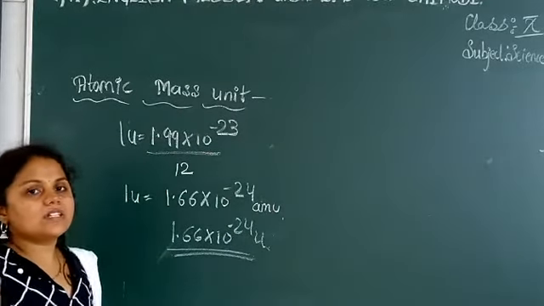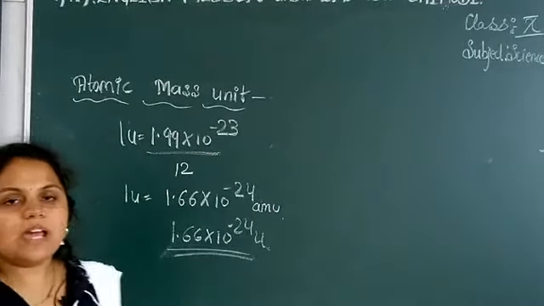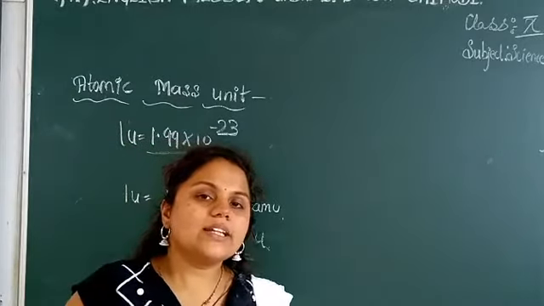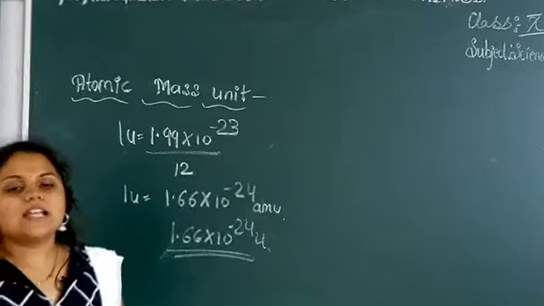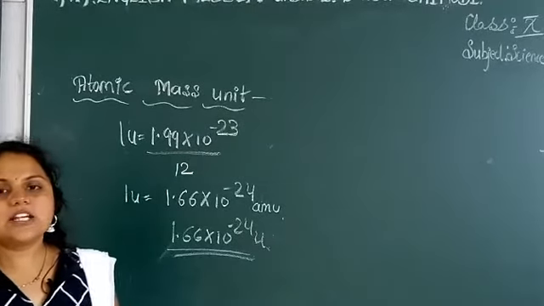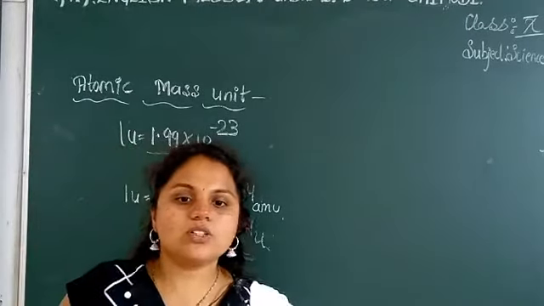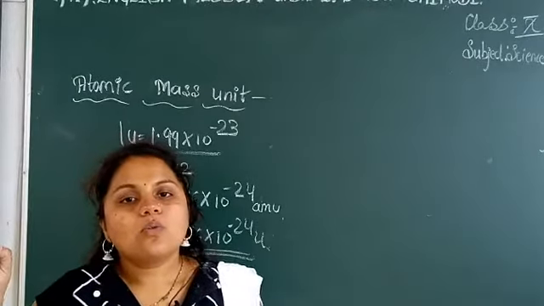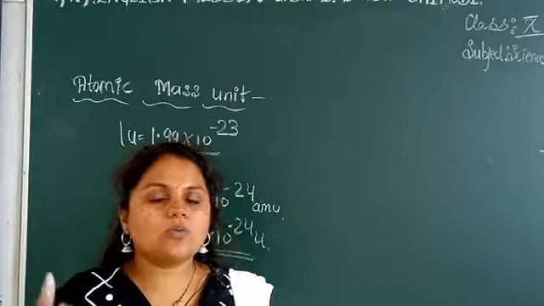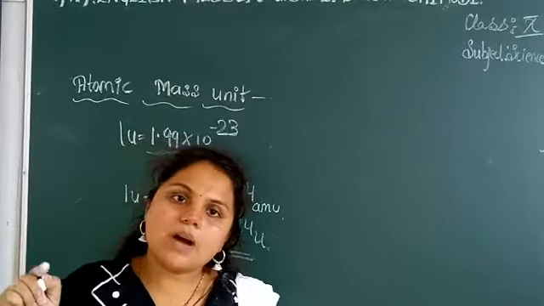So here one term will come that will be helpful for calculating the relative atomic mass unit. So what is the relative atomic mass? It is the ratio of the average mass of one atom to one unified mass, or 1/12 part of the carbon.